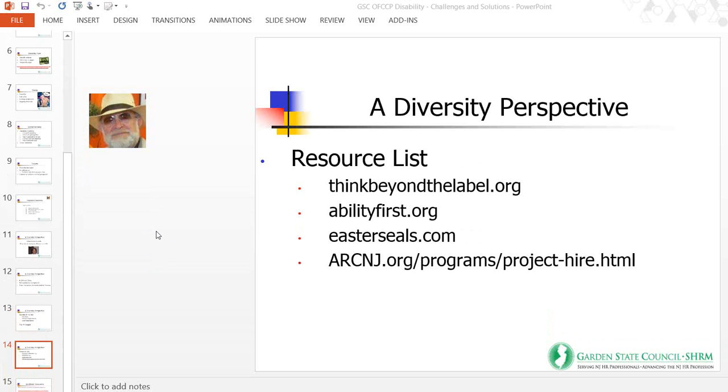So again, I think they're an excellent organization that you can look into. So that's just a very short list. If you go through any of those sites, you'll get sort of fed out or spread out to other organizations, other resources that you can use.